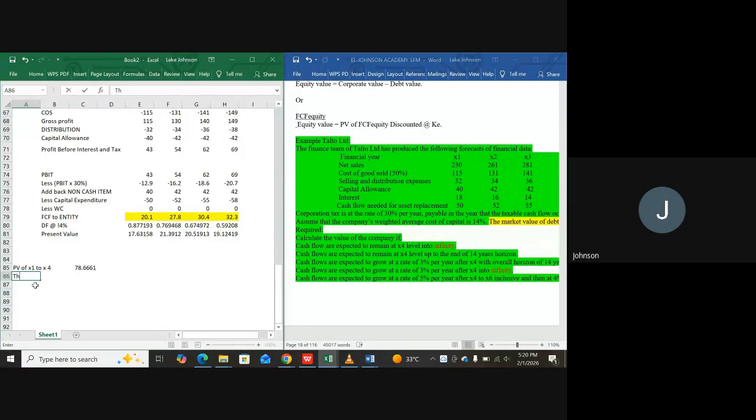The cash flow is expected to remain at X4 level to infinity. So when we have something to infinity, it is a perpetuity. So the actual types of perpetuity, we have the constant perpetuity, we have the growing perpetuity. Now here, since it's remaining constant, that is actually a constant perpetuity.